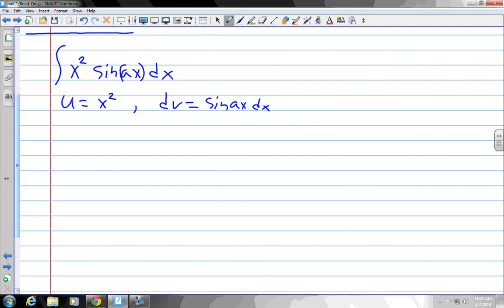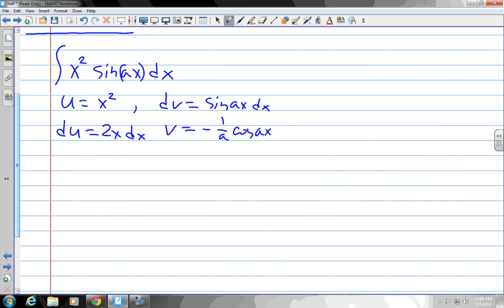Yeah, we're going to have to do this several times. So then du equals 2x dx. And then v is what? So negative 1 over a cosine of ax, right?